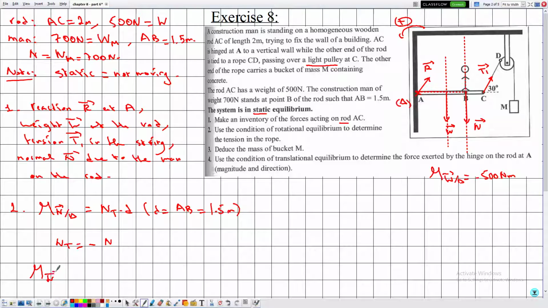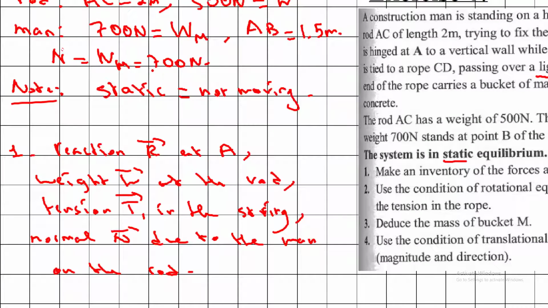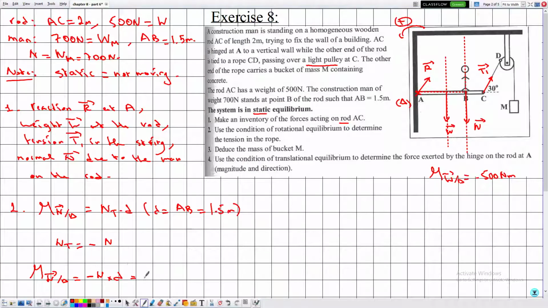The moment of N around the axis delta will be given by minus N multiplied by D. The value of the normal is equal to the weight of the man, which is 700. So minus 700 multiplied by the distance D, which is AB, 1.5, giving minus 1050 newton meters. So the moment exerted by the normal on the axis of rotation delta is minus 1050 newton meters.